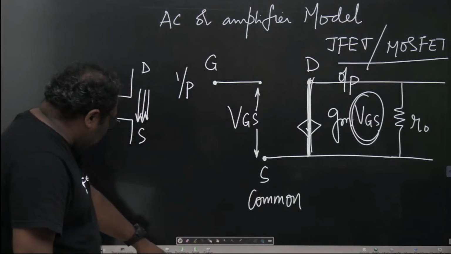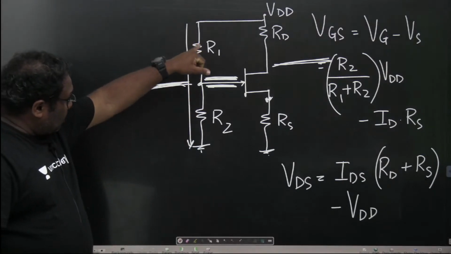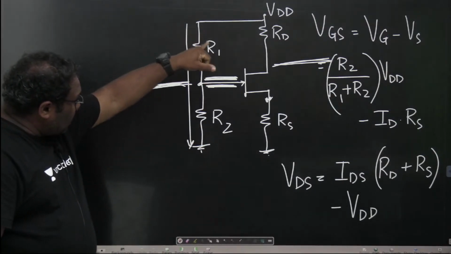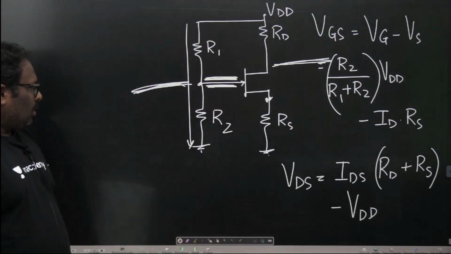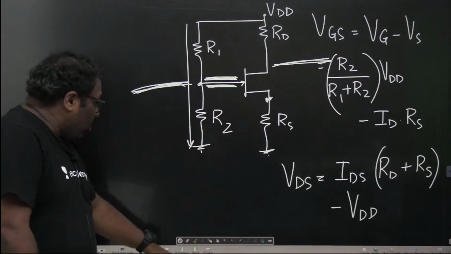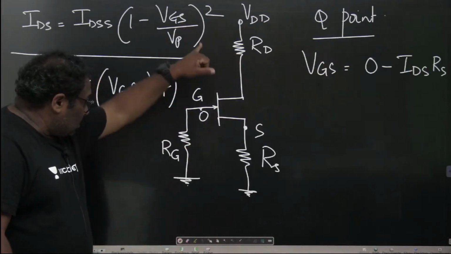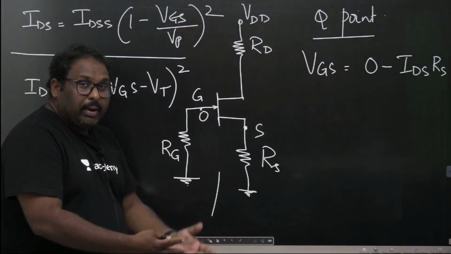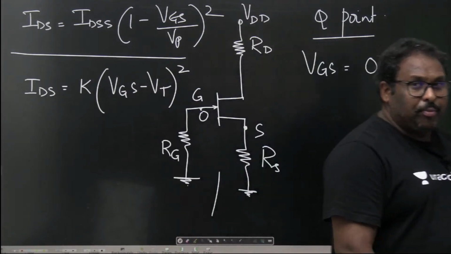In most competitive exams, it's important for us to know what will be your input impedance, output impedance and voltage gain, considering the biasing circuits, anything like the voltage divider bias, or maybe self bias or fixed bias. So the loading effect of the bias resistances is very important.